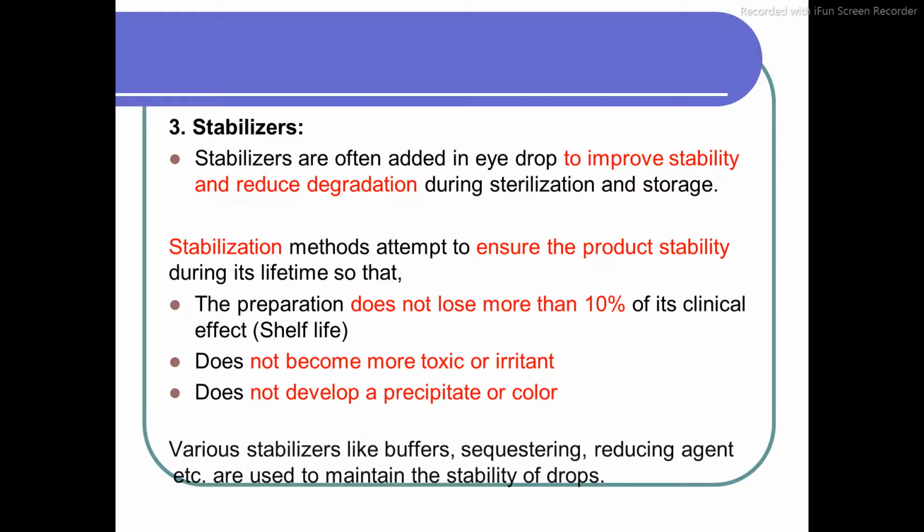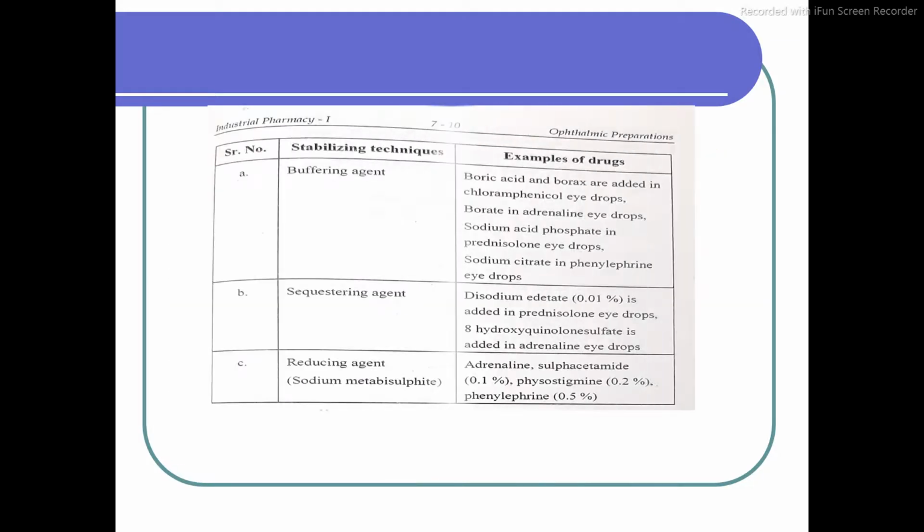Then in order to prevent the drug degradation, various stabilizers like buffers, sequestering agents, reducing agents, etc. are used to maintain the stability of your eye drops. Let us discuss one by one. Buffering agents. Buffering agent means, for example, boric acid and borax.